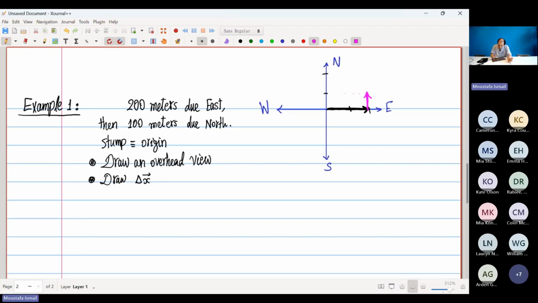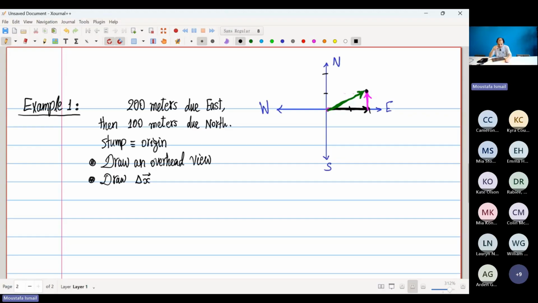This is the actual journey. This is where he started, and this is where he ended. Okay. Then draw the net displacement as well. The net displacement is then, this is already head to tail, so the net displacement is this one. And this is effectively where Bob walked. Okay, so this is the picture.